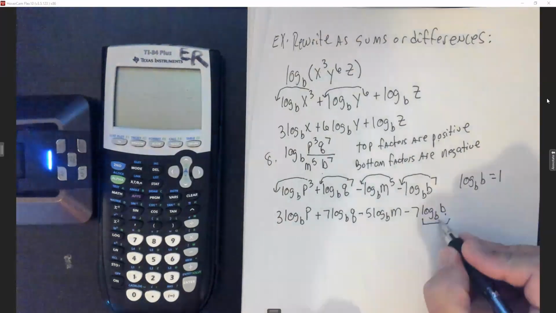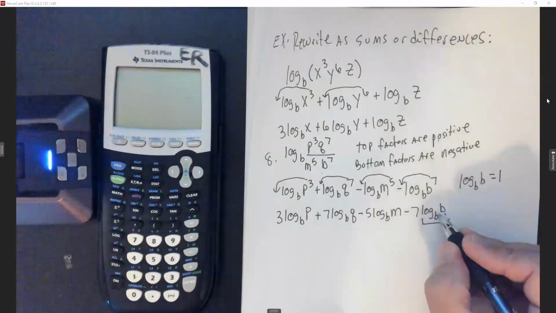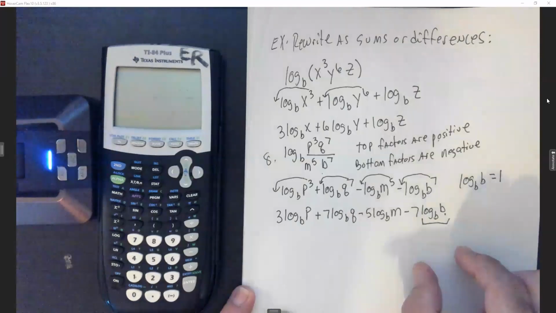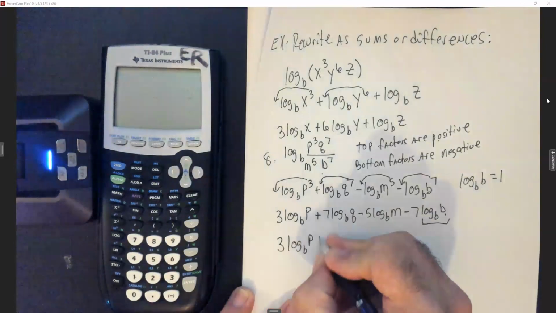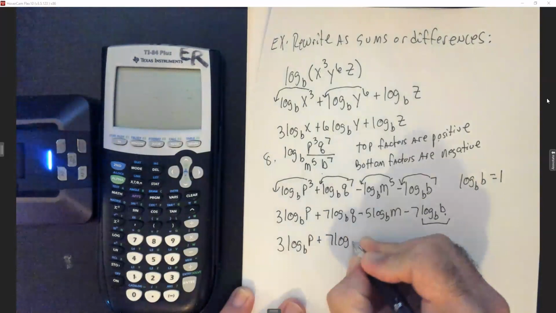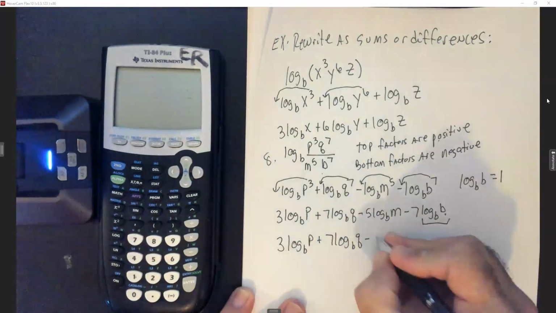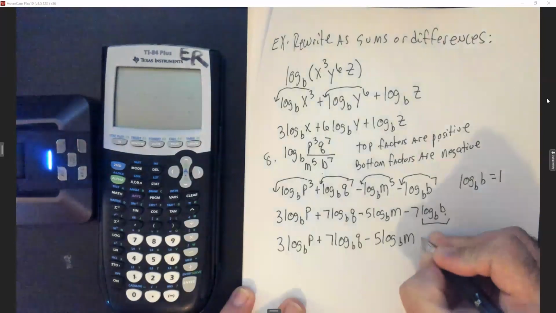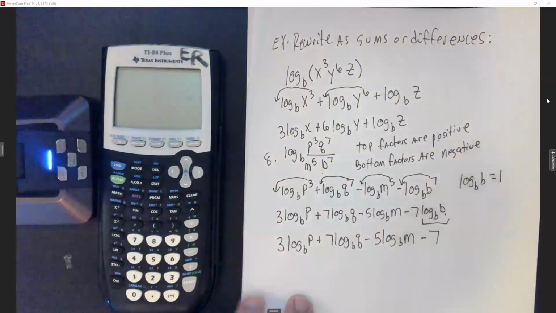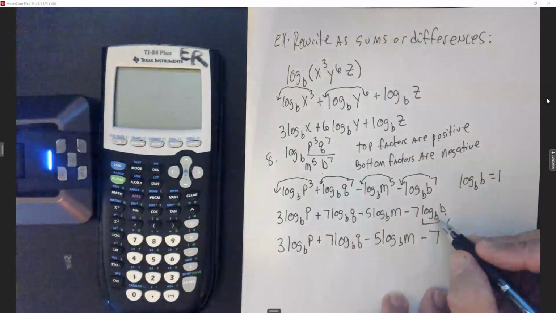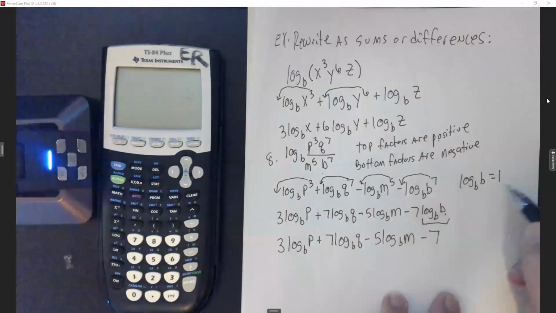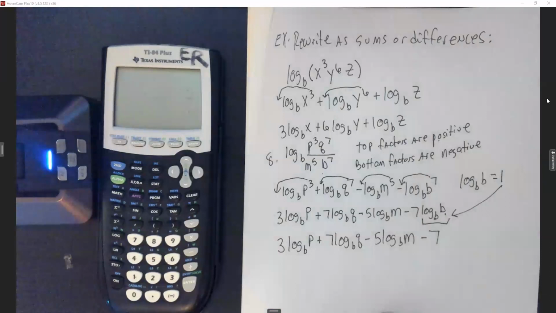So since this part equals 1, 1 times 7 is just going to make that part equal a 7. So I'm going to get 3 log b of p plus 7 log b of q minus 5 log b of m minus 7. So you got to watch these. If you get a log of a base that matches that result, you got to make that into a 1. Okay. And then let's see, nothing else we can do to that. So that would be our final answer.